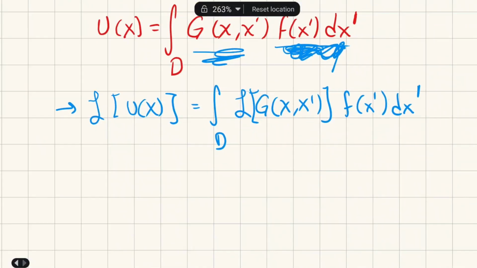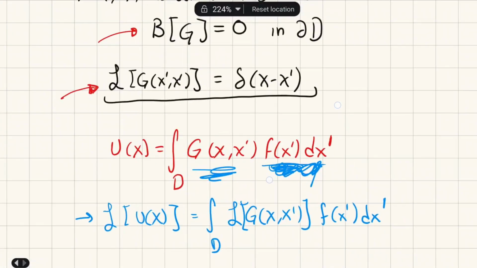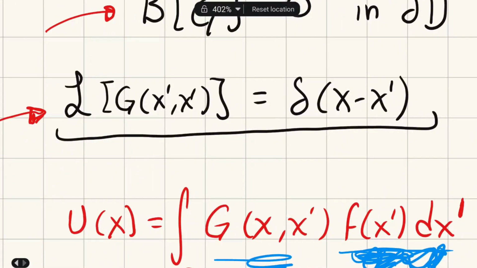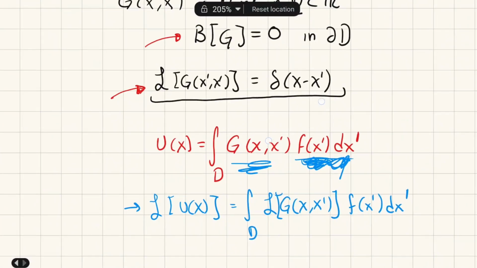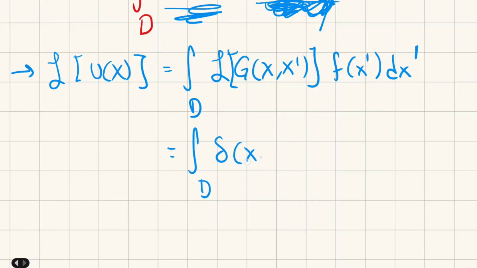With this, we are going to use the relation that defines the Green function. We see here that if we apply this operator to G, we get the Dirac delta. So this is going to be the integral over D of the Dirac delta of x minus x prime times f of x prime dx prime.